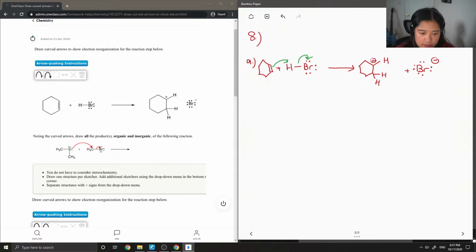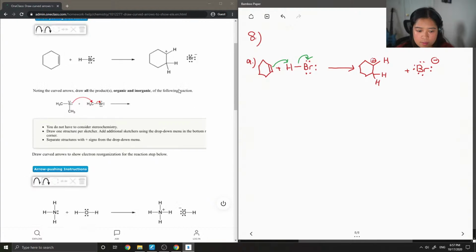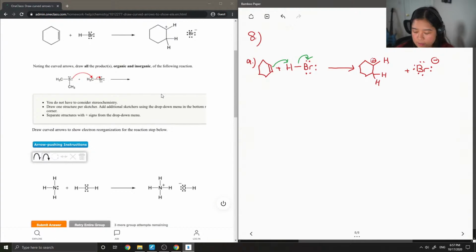Okay, so let's look at, okay, there's 3 parts to this. So let's look at part B. So this one wants us to draw the product that is formed when this reaction takes place. Let's draw the arrows in like they did.